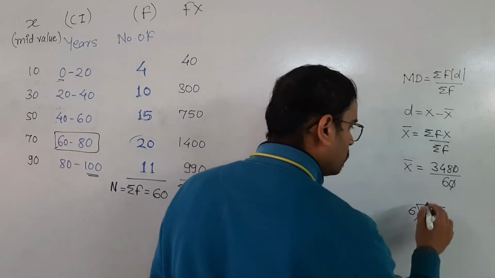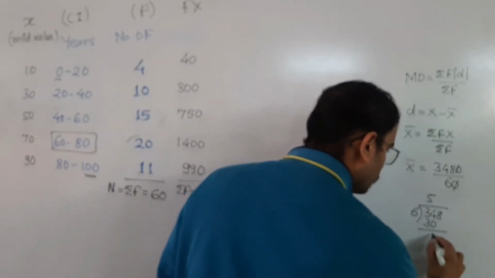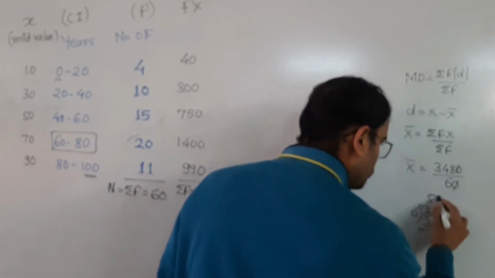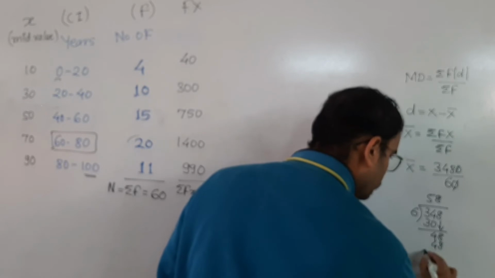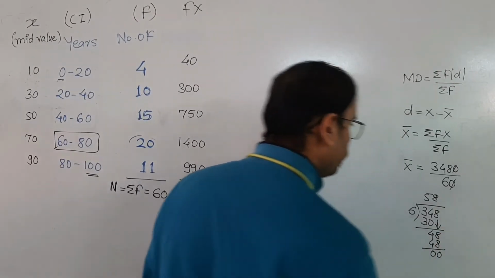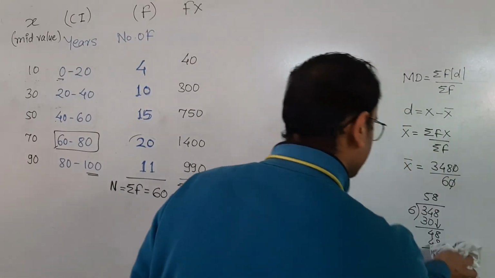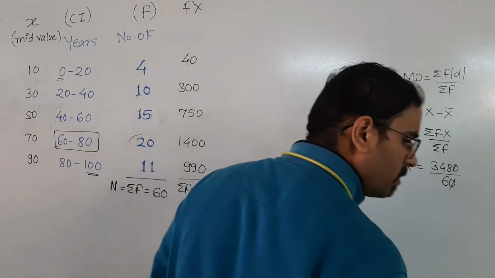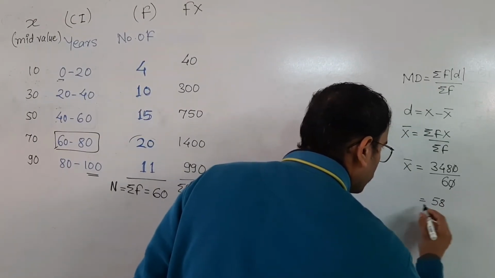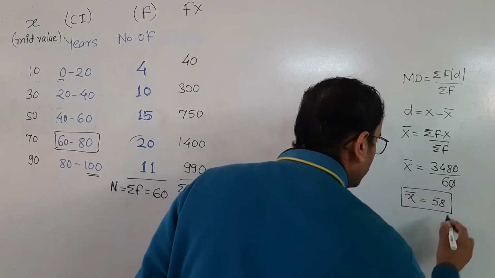Divided by 6. 6 5s are 30. 6 8s are 48. So answer will be 58. So x bar is 58. Means we got the mean value.